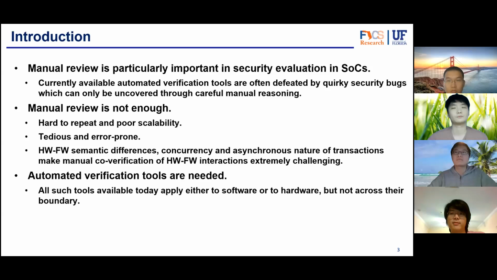This is because automated verification tools are often defeated by some strange security bugs that we can only find by manual reasoning. But manual review is not enough because it's harder to repeat and people easily make mistakes with this method. So automated tools are needed.